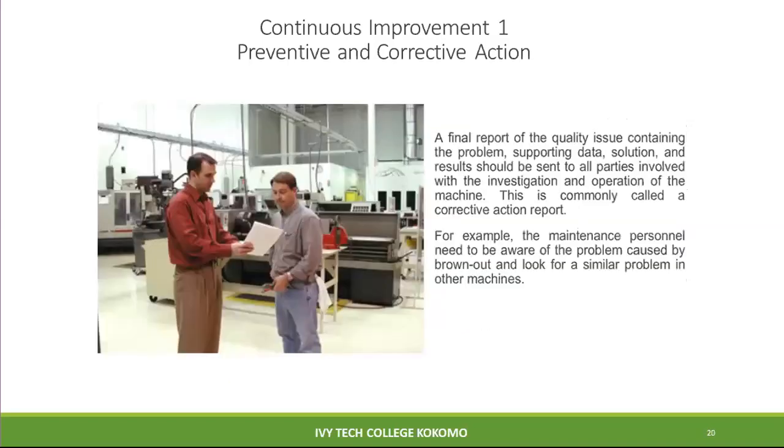The reason we document is so that if this happens again, we can determine what we did to fix it in the first place. Maintenance people need to be aware of what's happening. So, what was the issue? What did we do to fix it? This is usually called a corrective action report.